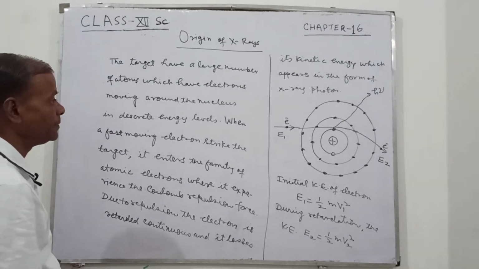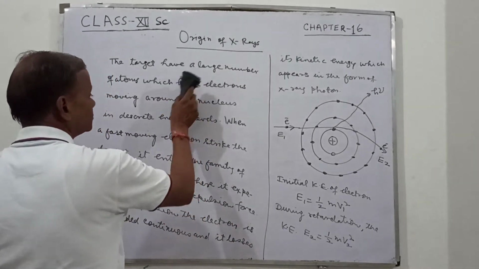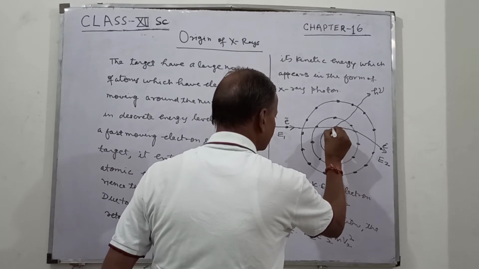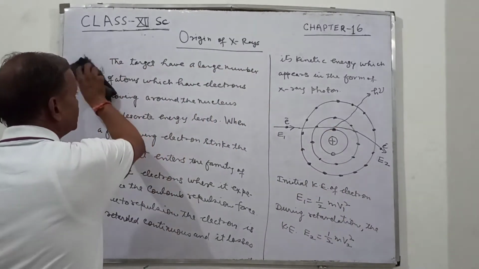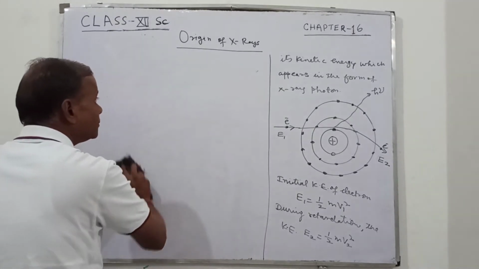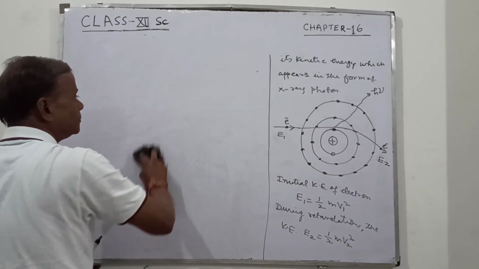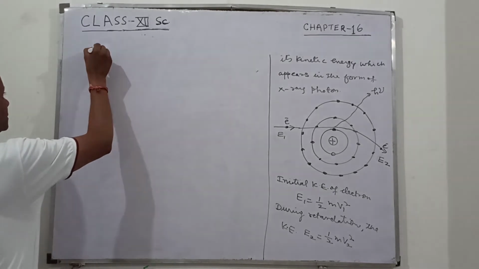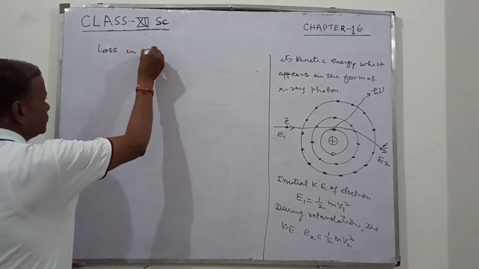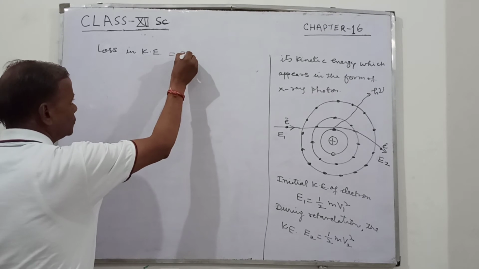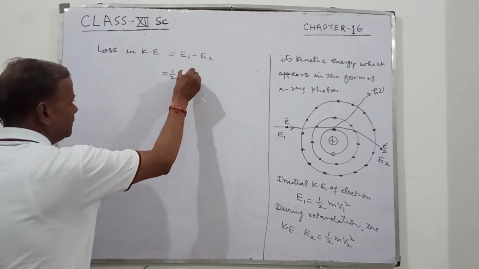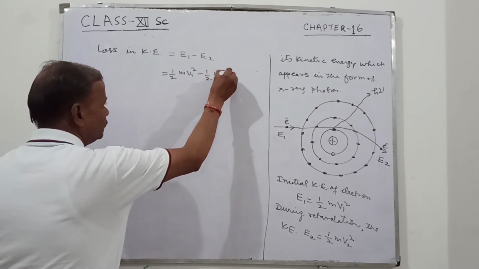So the loss in kinetic energy is equal to E1 minus E2, which is half m v1 square minus half m v2 square.